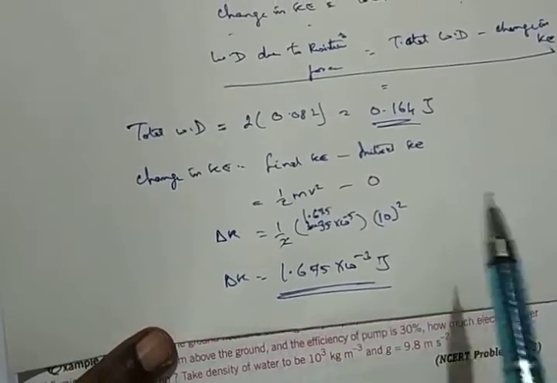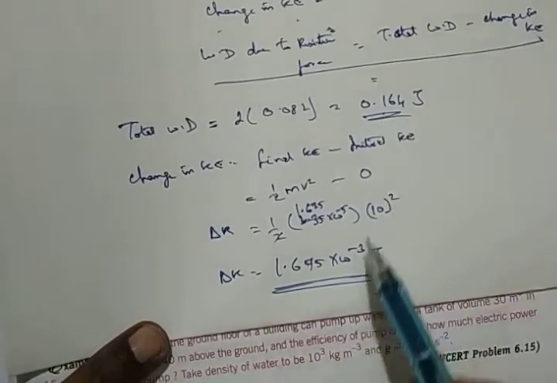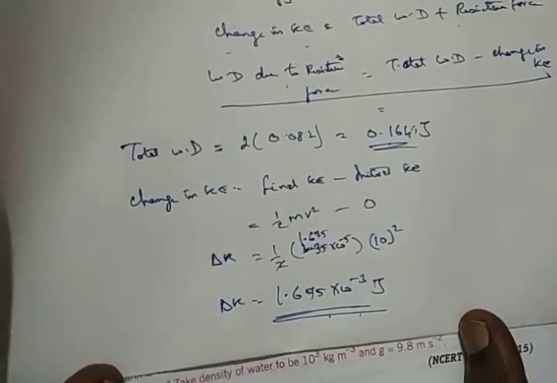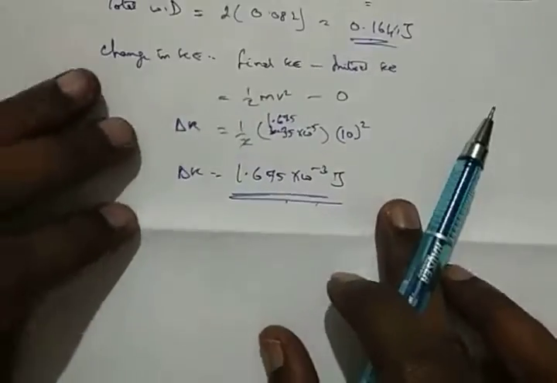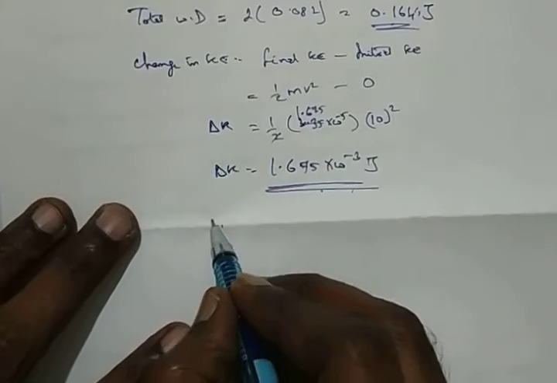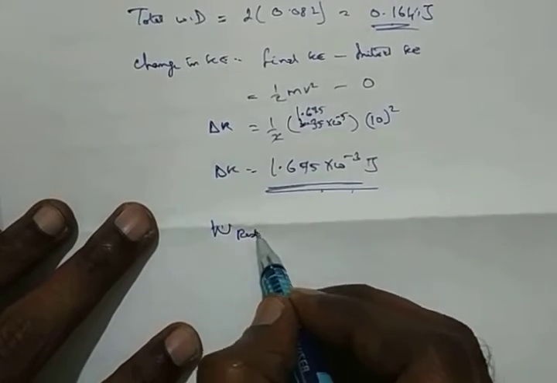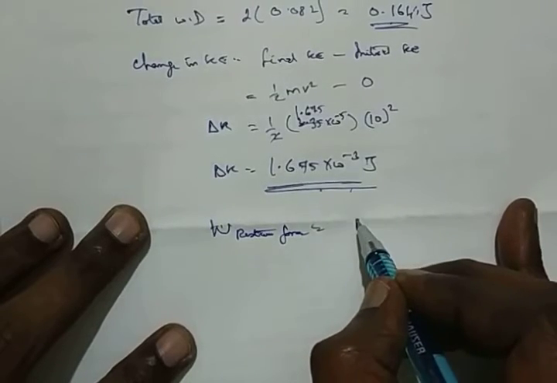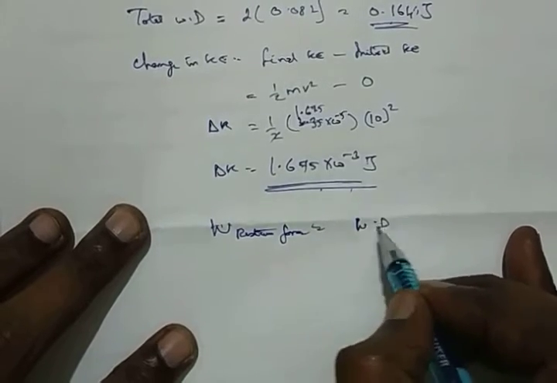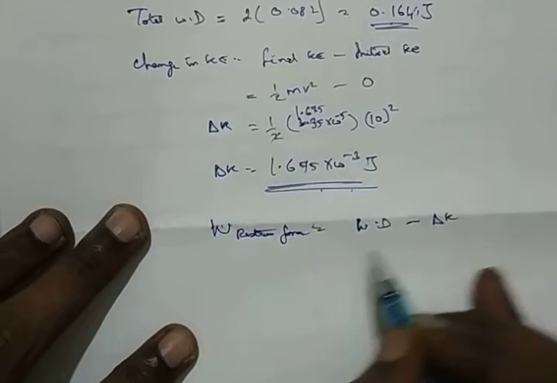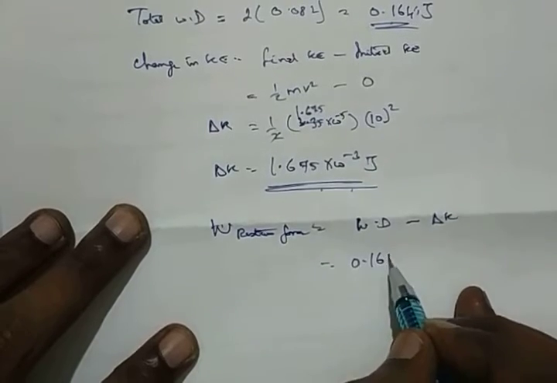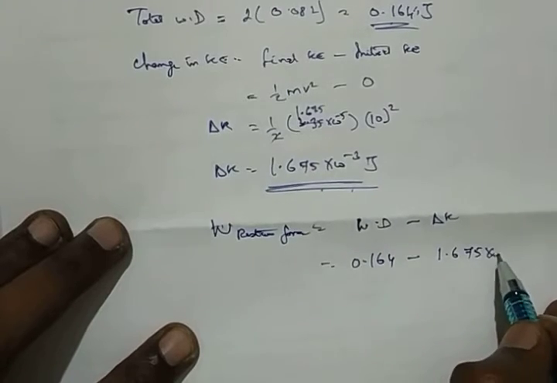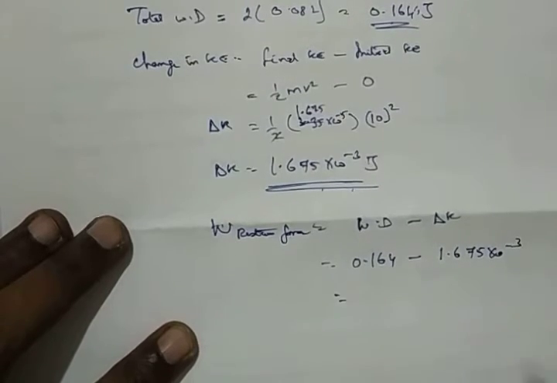So now look at this one, very simple now. Total work done is this much, this one is done, subtract both and you will get the resistive force. So moving further, work done due to resistive force is going to be equal to work done minus delta K: 0.164 minus 1.675 into 10 to the power of minus 3, right?